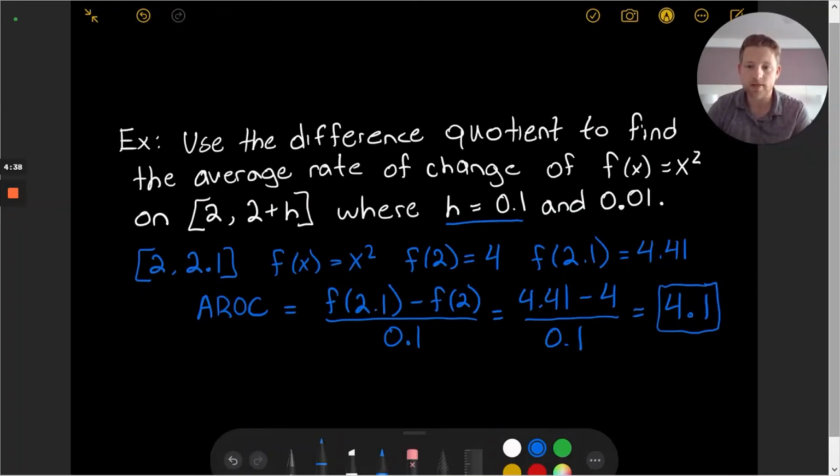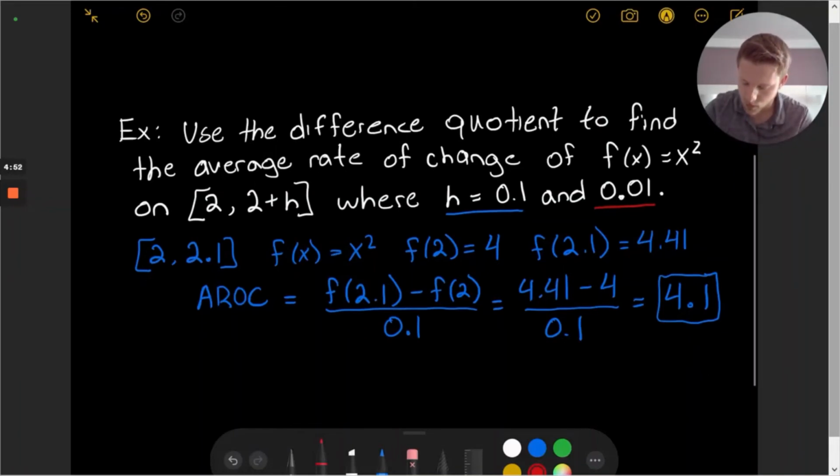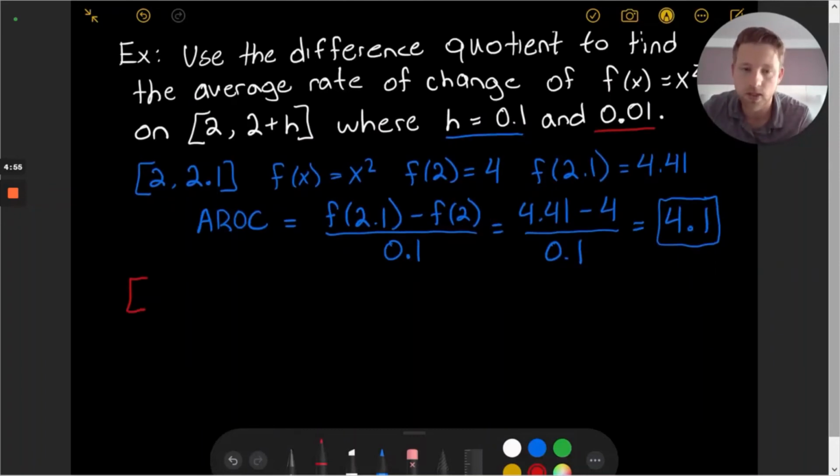Let's take a look at the second difference quotient. We'll take a look at when our h value, the distance between x and x plus h, is 0.01. So here we're going to be finding the average rate of change over the interval starting at 2 to 2 plus h, which would give us 2.01. So again, I already know my functional value at 2.